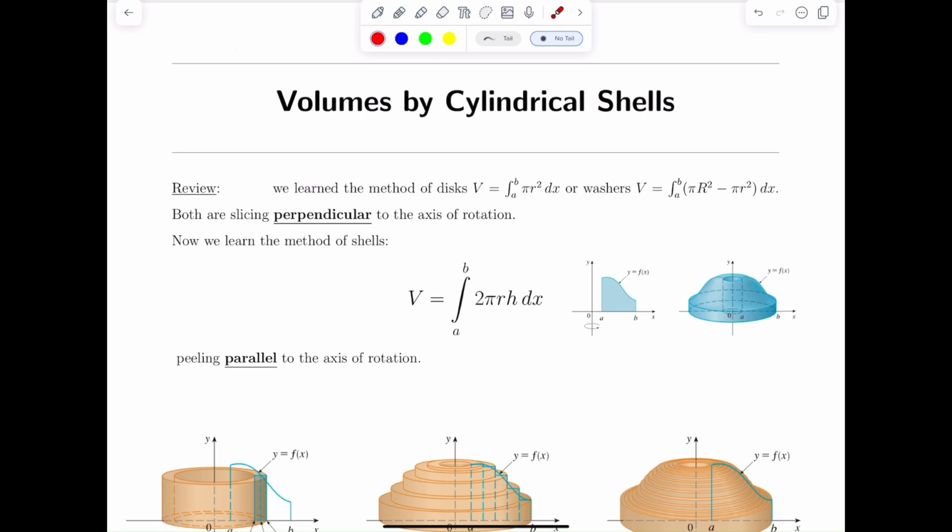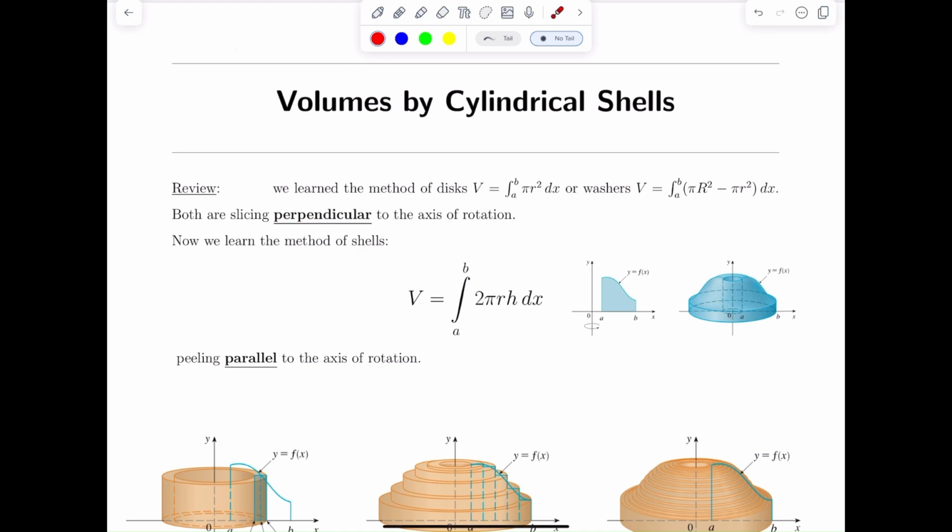The big difference between the two is the direction that you are peeling or slicing in relationship to the axis of revolution. So in the previous technique, discs and washers, not what we're going to learn in this video, we sliced perpendicular to the axis of rotation.